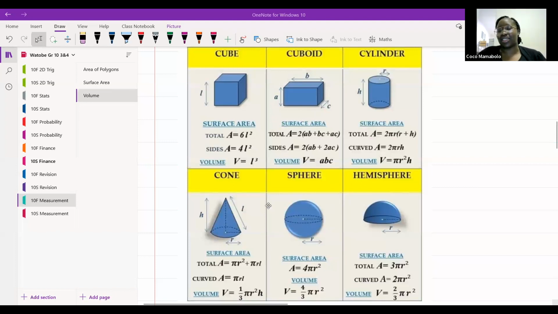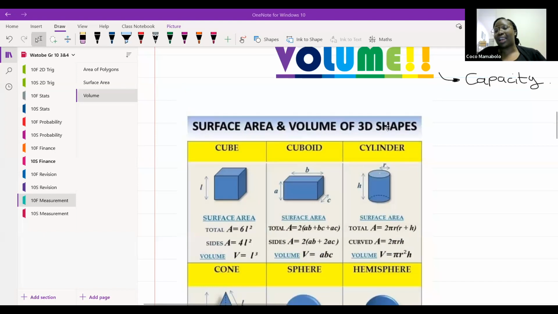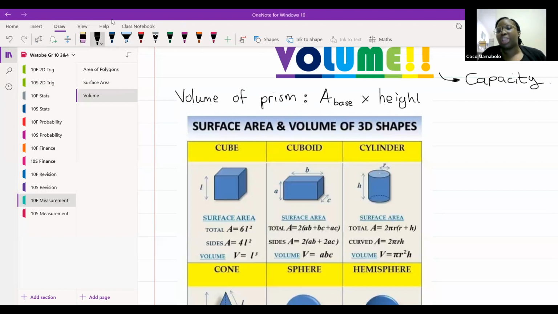Okay. All right, let's get into today's lesson. I hope everybody's taken a screenshot of this. I want you guys to also note that for any prism, if we ever come across a question where they ask us to calculate the volume of a prism, we can just as easily calculate this as the area of my base multiplied by my height.